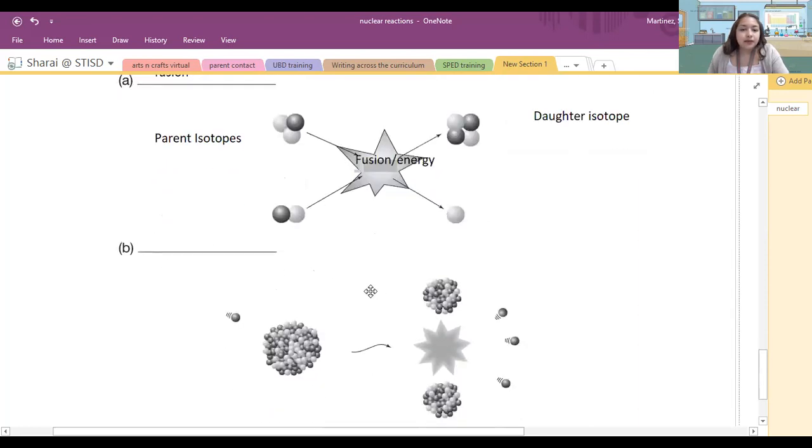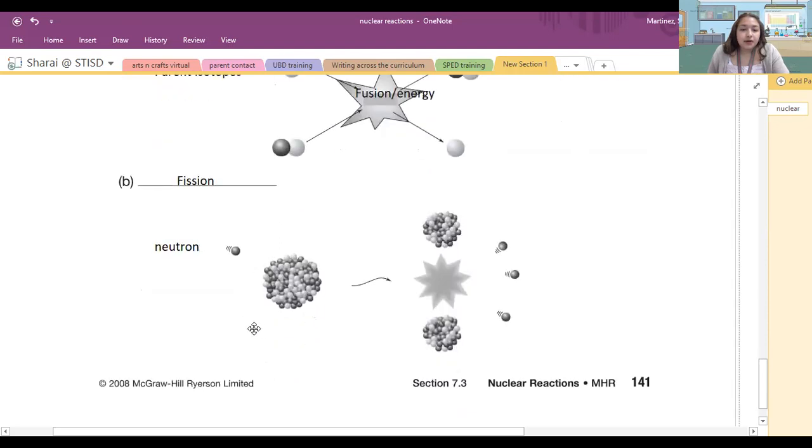For B, of course, if it's not fusion, it'll be fission. So we see our neutron here that starts the reaction, the chain reaction. We see our parent isotope, which is this bundle right here. So I'm going to label it underneath, parent isotope. That's what we start off with.